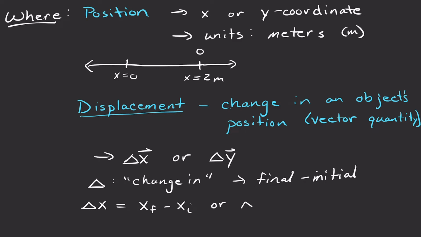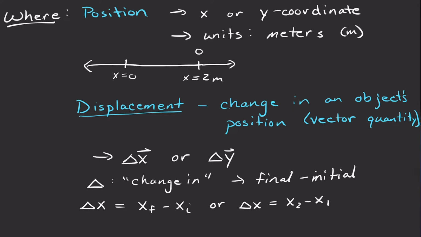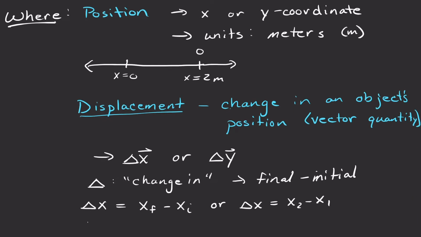You might also see this written as delta x equals x2 minus x1, so your second position minus your first position. And then one that I use a lot, and it's very common, is delta x equals x minus x naught.